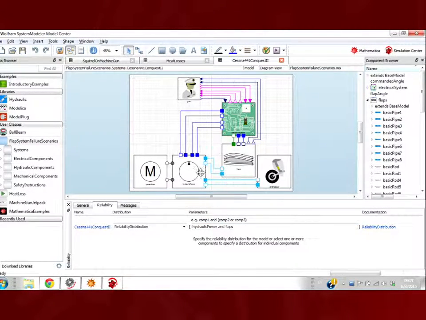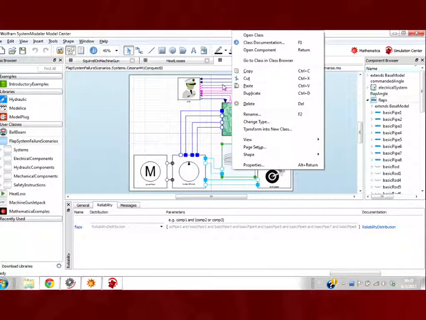How does this depend on the different subsystems? In this case, we're saying the hydraulic power and the flaps have to work for this fully to work. Otherwise, the system fails.